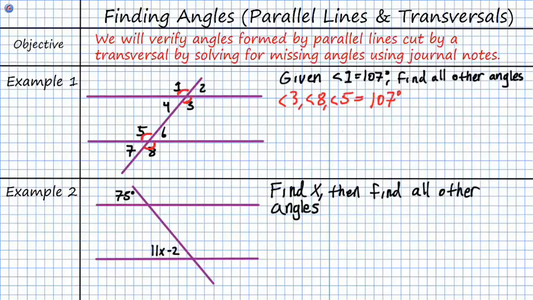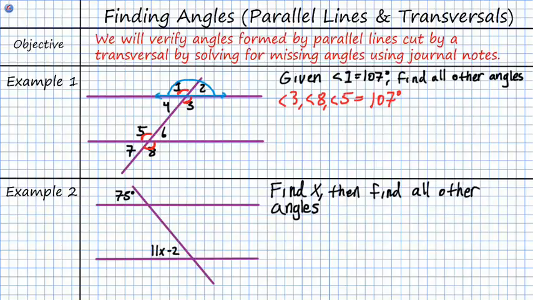So how do we find the rest of these angles? Well, we take something that we know, and we turn it into something that we don't know. So I want to look at this relationship between angle 1 and angle 2. We know that angle 1 and angle 2 form a straight line together. So what does that mean?